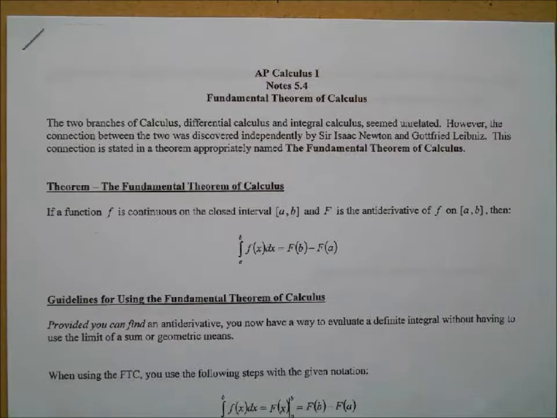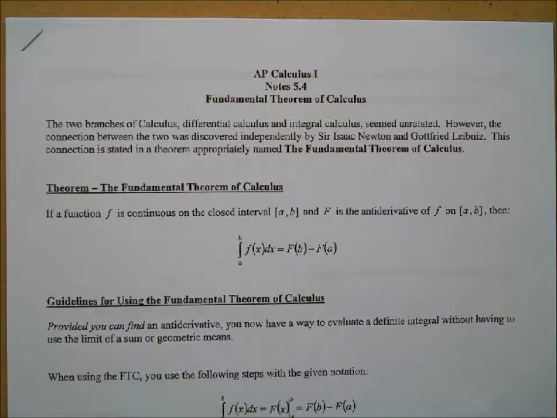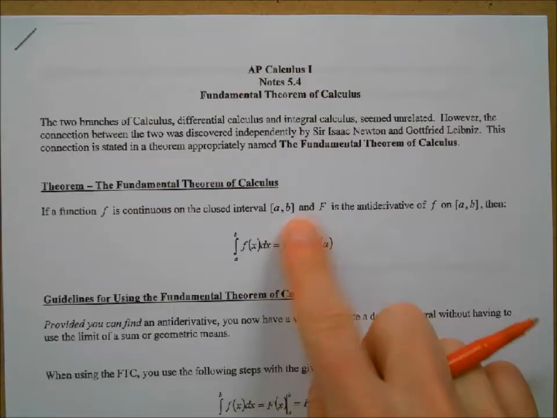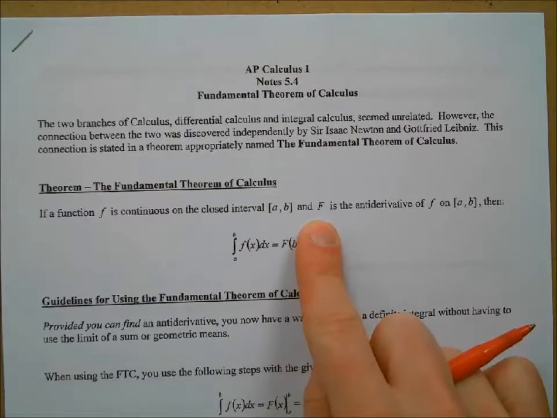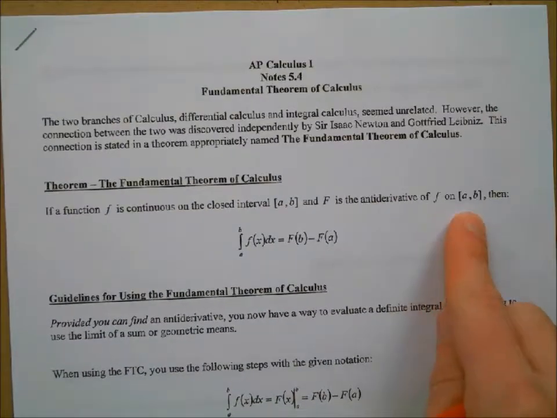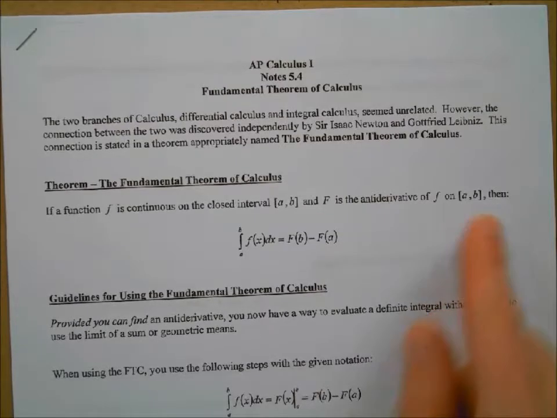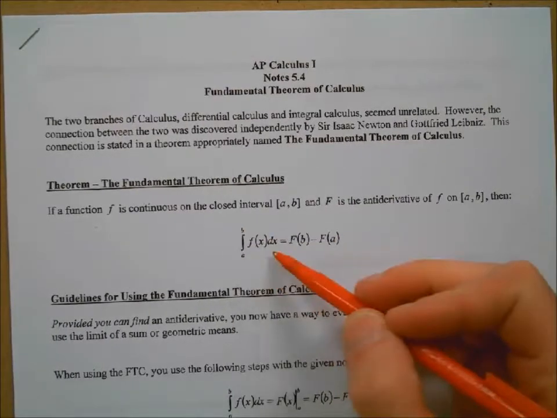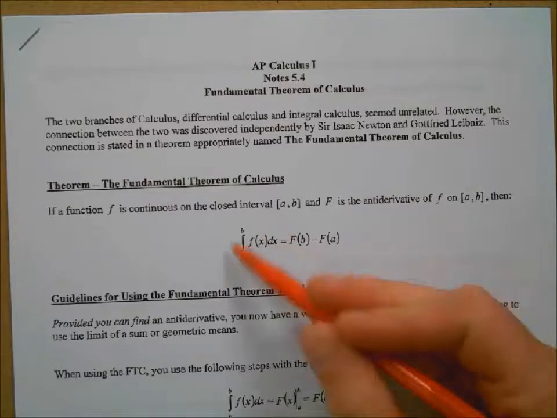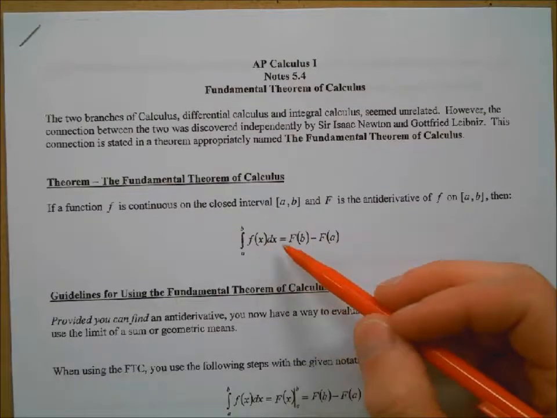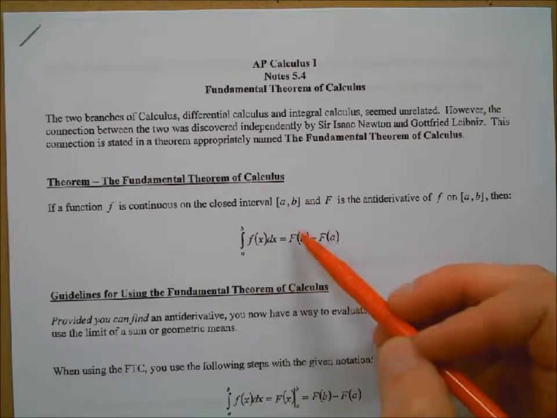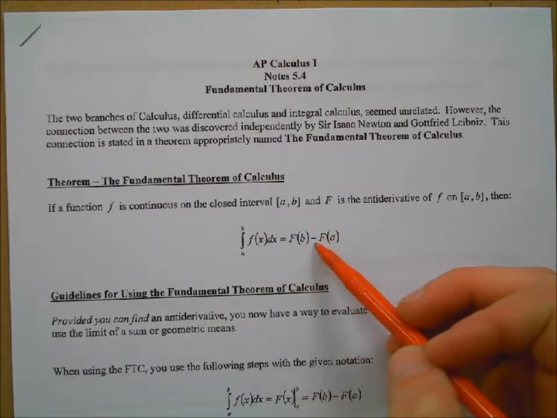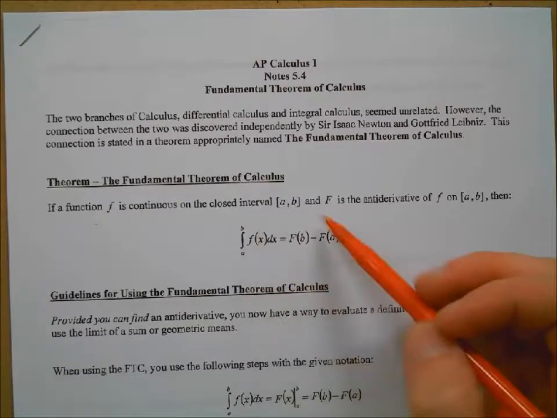But anyway, if a function f is continuous on the closed interval from a to b, and capital F, our sometimes used way of denoting the antiderivative, is the antiderivative of f on that same interval [a, b], then the integral from a to b of f of x dx, that is a definite integral, we can evaluate by evaluating b, the upper limit of integration, in the antiderivative, minus a, the lower limit of integration, in the antiderivative.